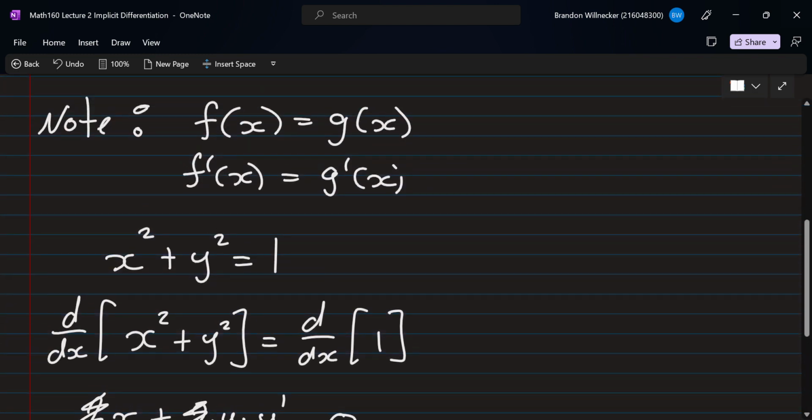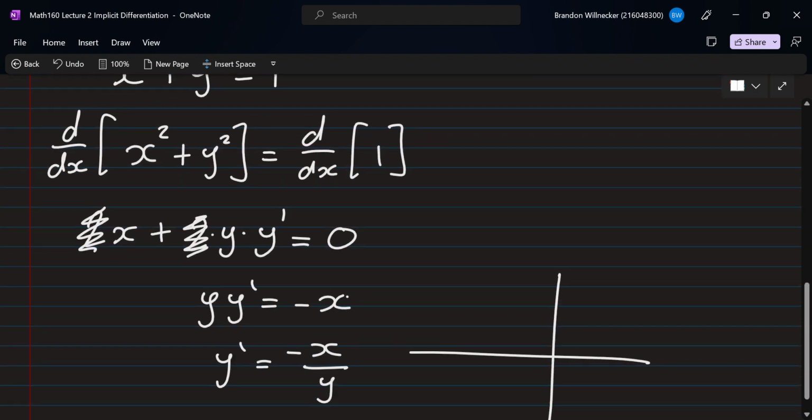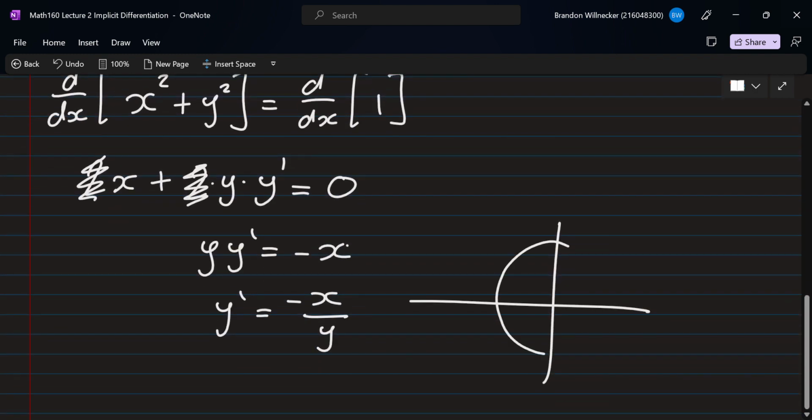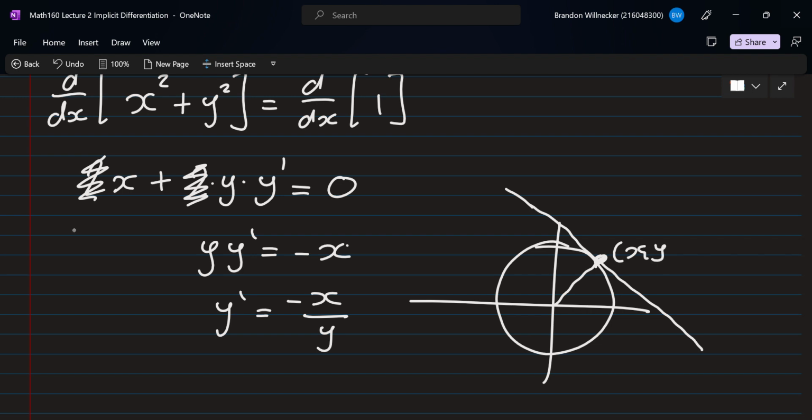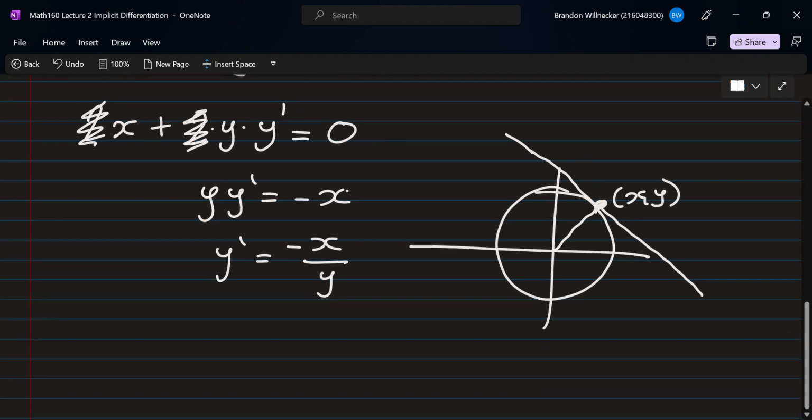x squared plus y squared equals 1. That's the equation of a circle. So let's draw a circle here with some radius. At some point we have the tangent line with this given gradient. Let's say the tangent line looks something like that, at this point x, y.